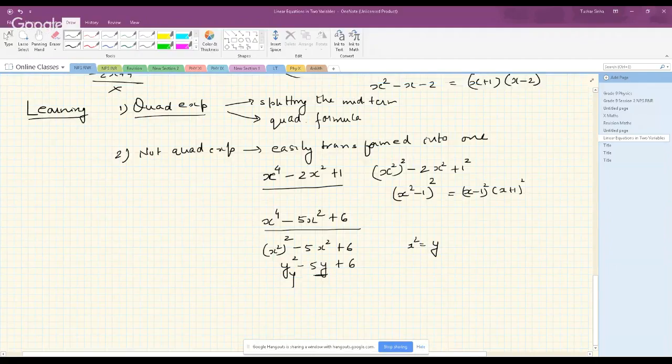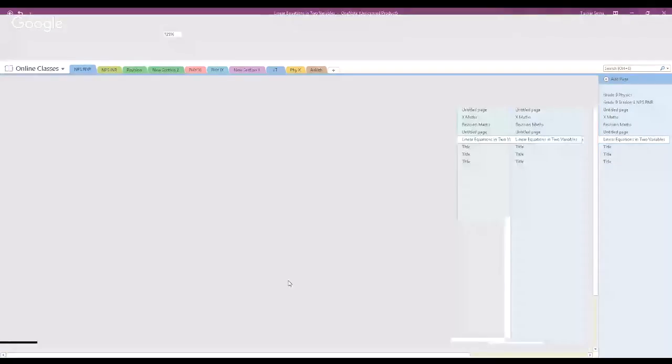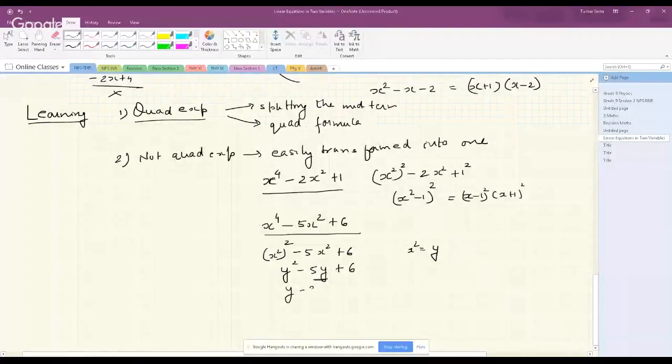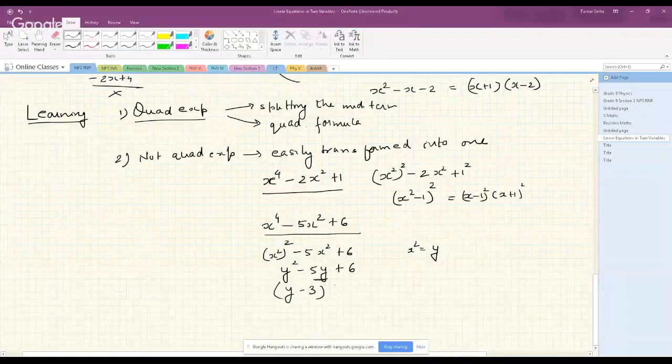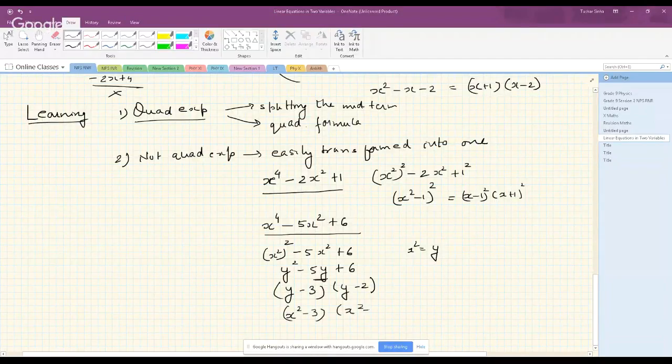So you will get y minus 3 and y minus 2. Y was x square, so you can simply write x square minus 3 and x square minus 2. So even if they are not quadratic expressions, they can be transformed into one. Be careful about this.